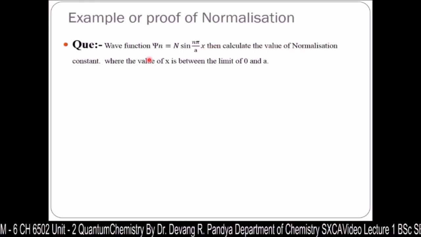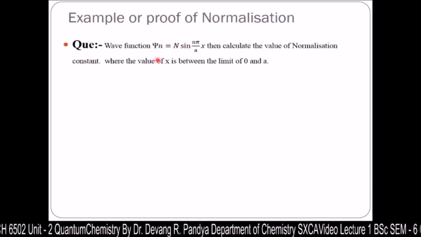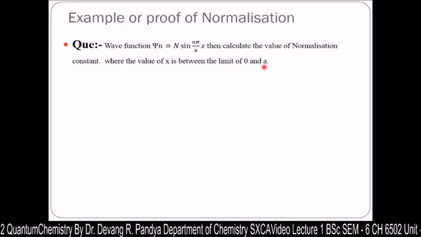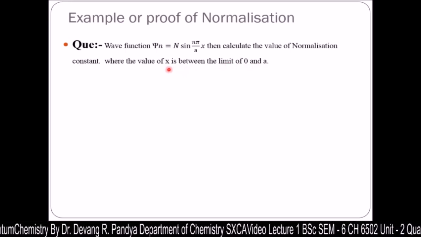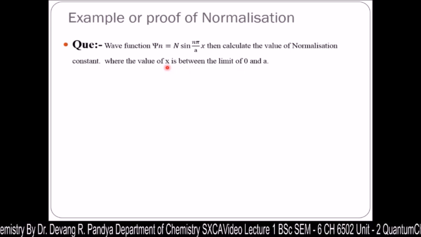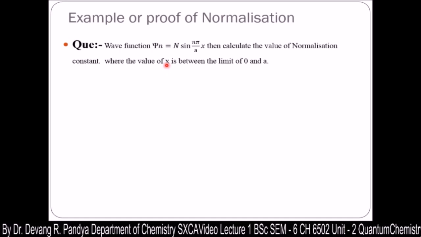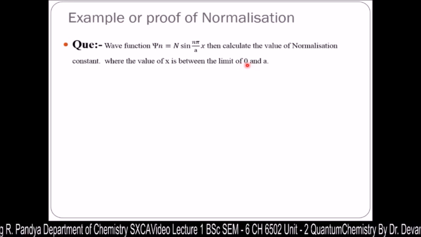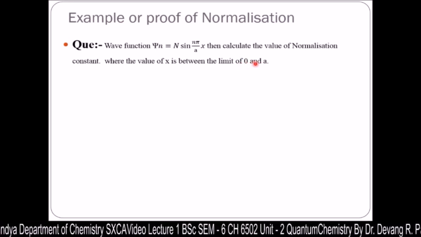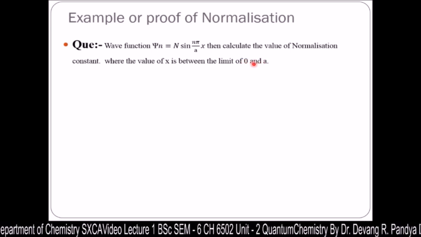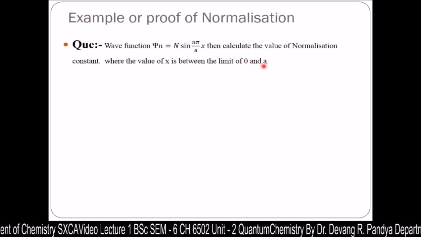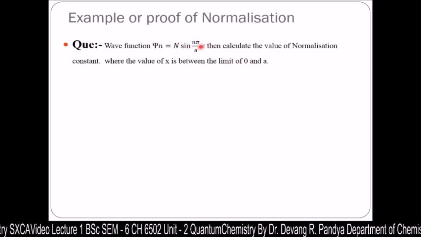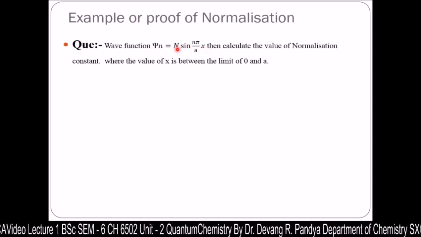Calculate the value of the normalization constant, that is this N, where x is between the limits 0 and a, that is 0 is less than x is less than a. That means the particle moves in the x direction from 0 to a, and there the wave function value is N sine n pi by a x, and we need to find the value of N.